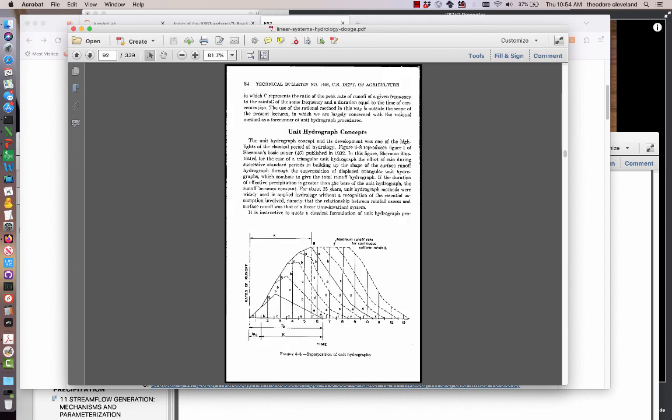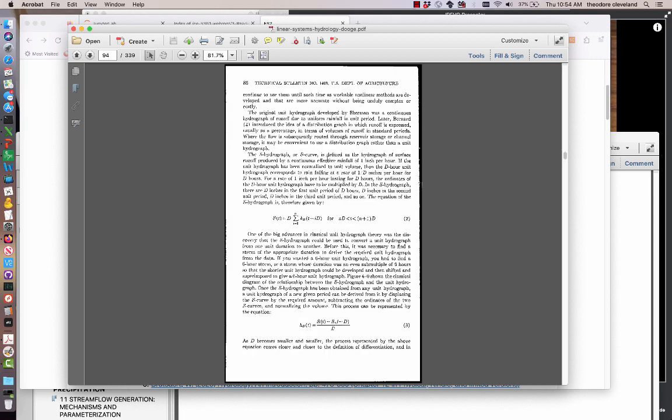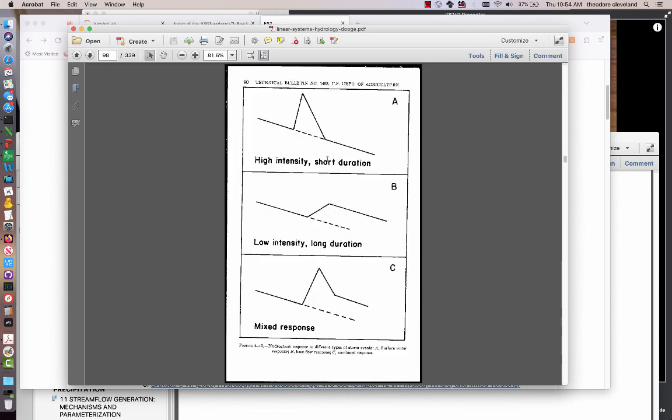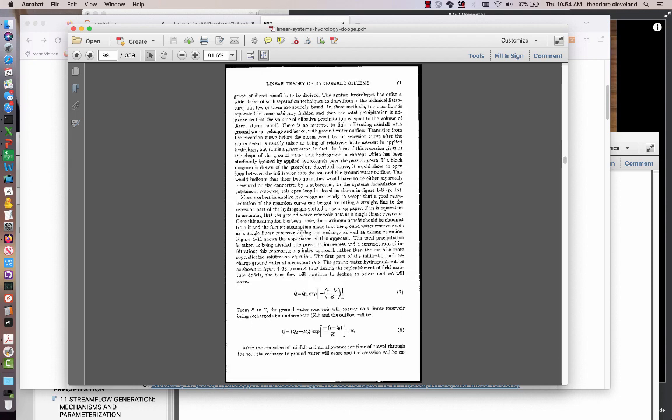And then starts to construct unit hydrograph concepts as per Sherman's original paper, and has some intellectual models of the responses under different conditions, and slowly starts to get around to what the mathematical structure of a transfer function would look like.